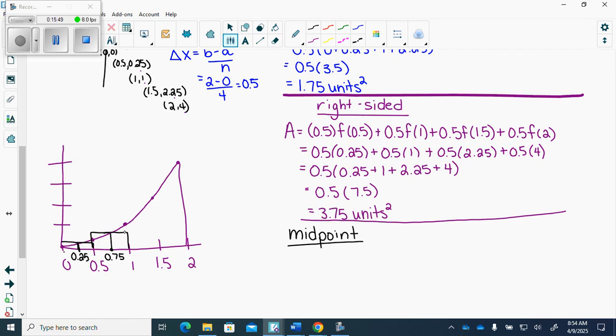And then this one here would be at what? 1.25. Follow it up. And I follow it over till I make my rectangle. So this would be area 1, this would be area 2, this would be area 3, and then this one is 1.75.